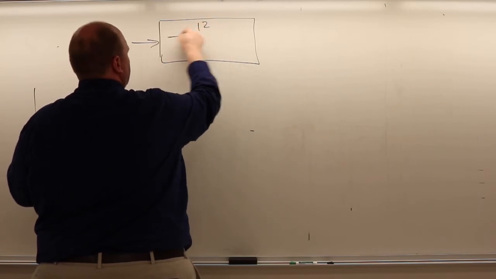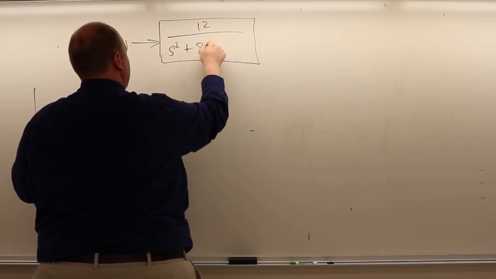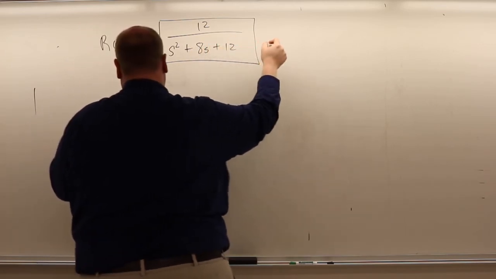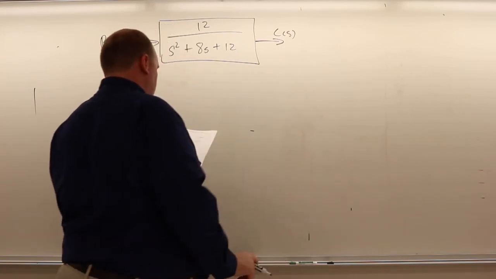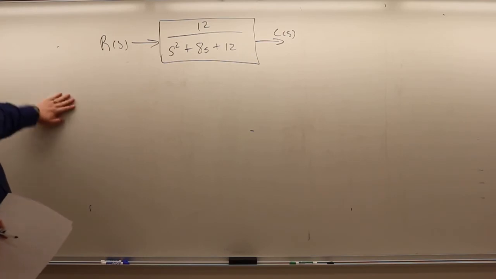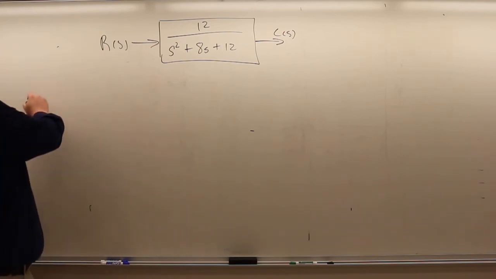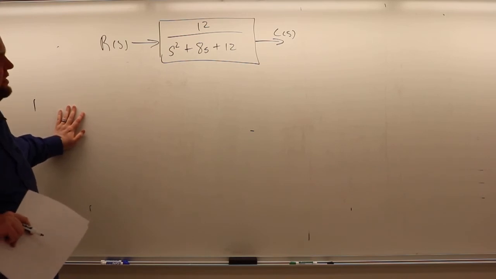It's got our transfer function 12 over s squared plus 8s plus 12. And then it's got some output C of s. So our question now is, for this system, assuming we have a step input, what does the response of this system look like?